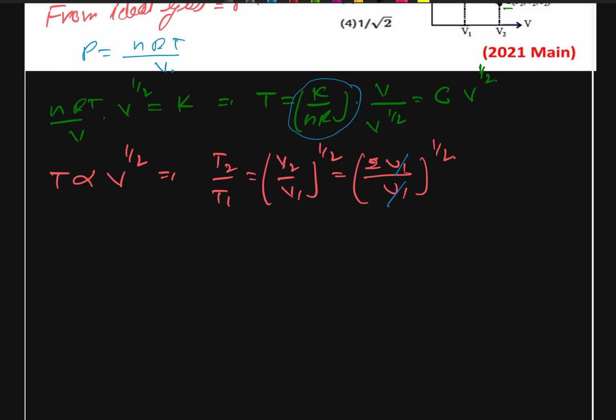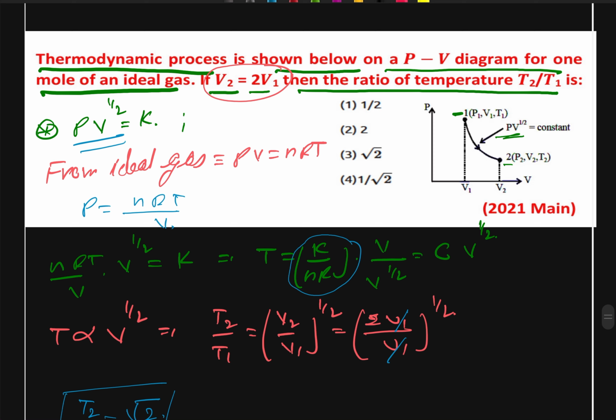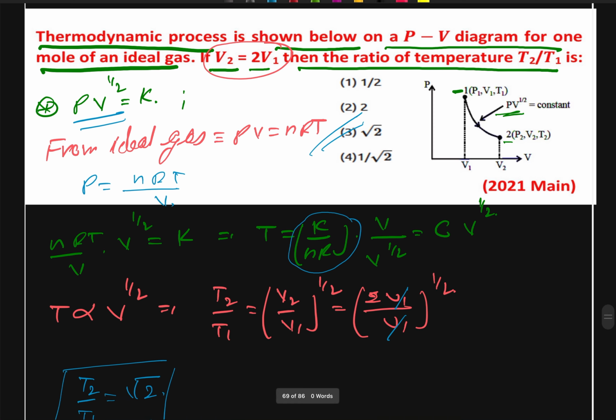V1 cancels out, therefore T2/T1 is equal to square root of 2. Option 3 is correct.